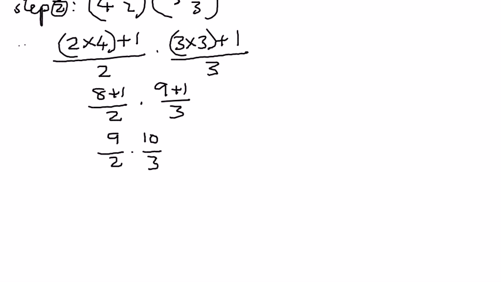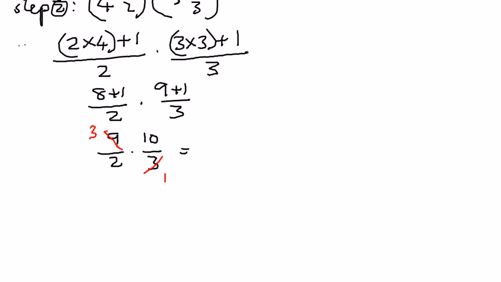Now as we can see, we can simplify this some more. When we have numbers in the numerator and numbers in the denominator which are multiples of one another, we can reduce it some more. 9 is a multiple of 3. We have a 9 in the numerator, 3 in the denominator. So 3 times 1 is 3, 3 times 3 is 9.